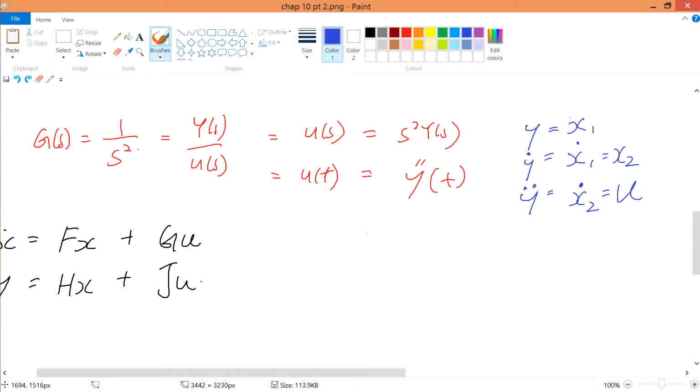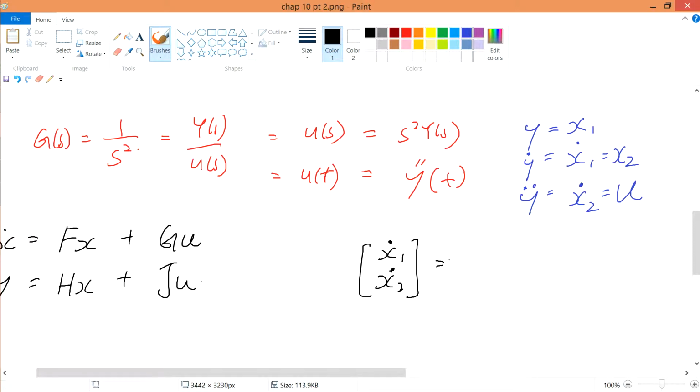Let's remember this step: y equals x1, and then you go and differentiate on your own. Next thing you need to understand is to write in terms of x dot 1 and x dot 2. This is something that they often give to you, but you don't even know how to write it. Whenever you see x1 and x2, you know that x dot 1, x dot 2 will definitely be at the front.